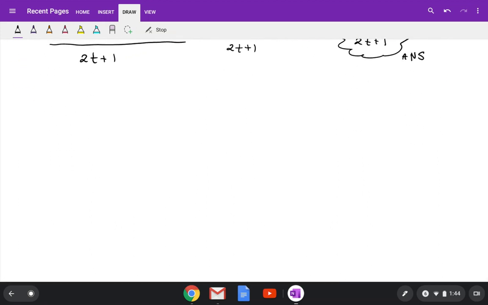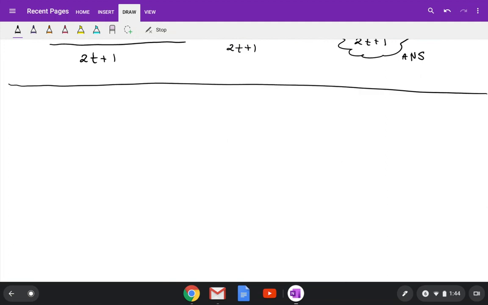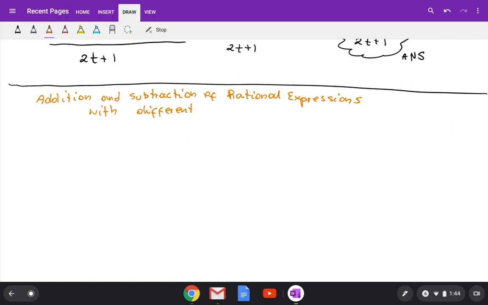Okay, so this is where the action starts. Addition and subtraction of rational expressions with different denominators.